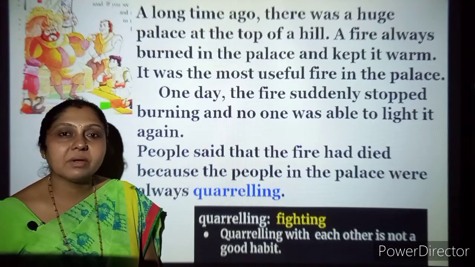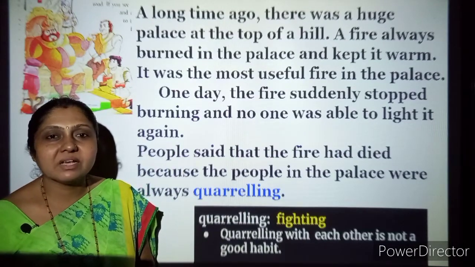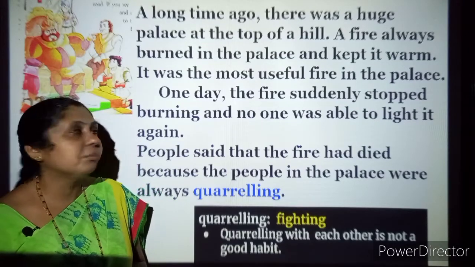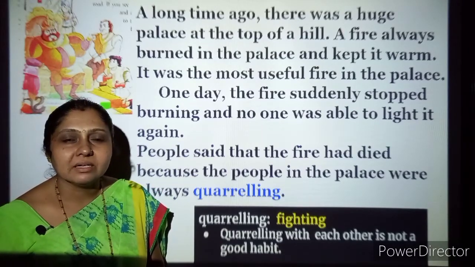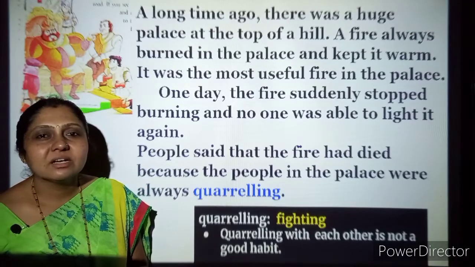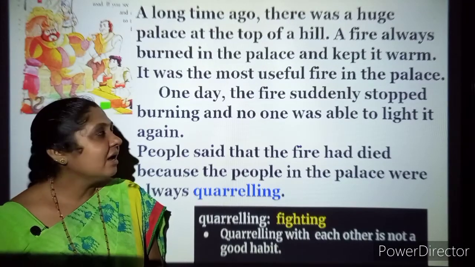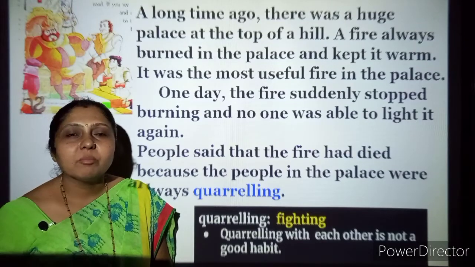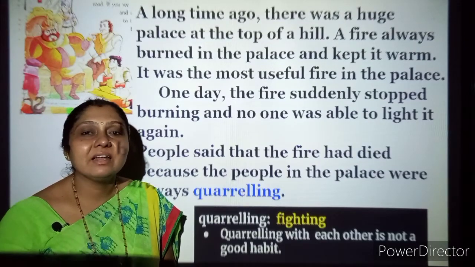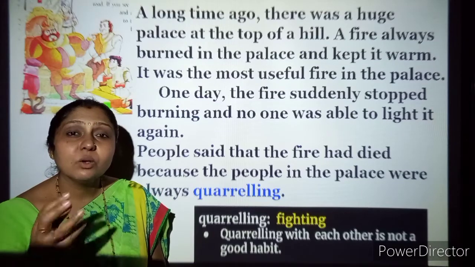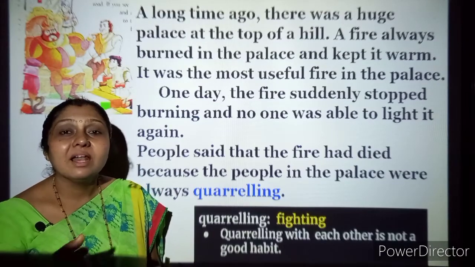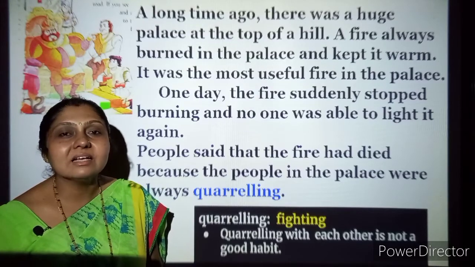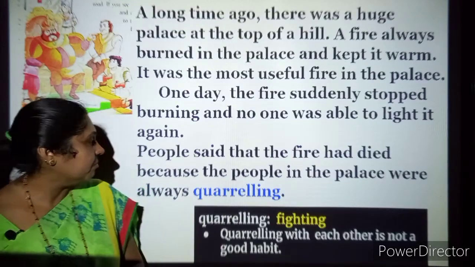So one day what happened? The fireplace where that fire was burning suddenly stopped burning. The fire was not burning at all, and thus there was a problem because no one could light it again. No one was in a position to light that fire or bring it back again.